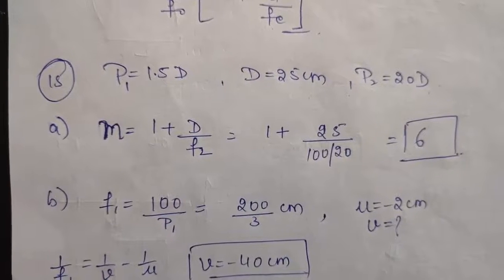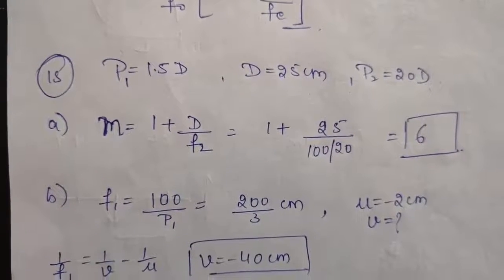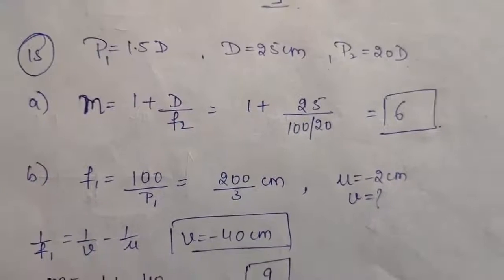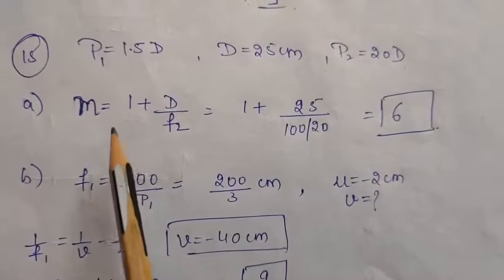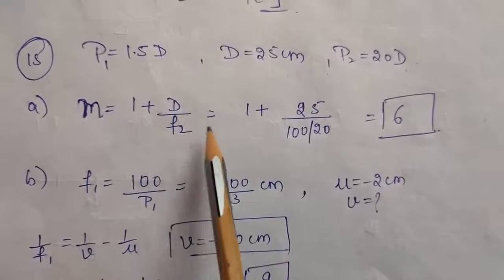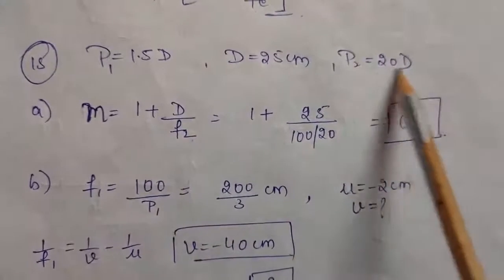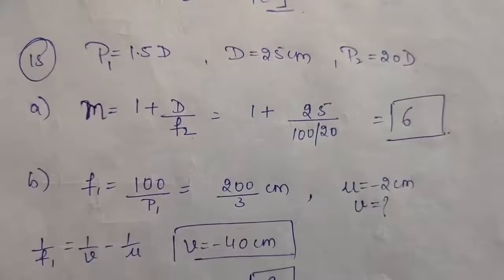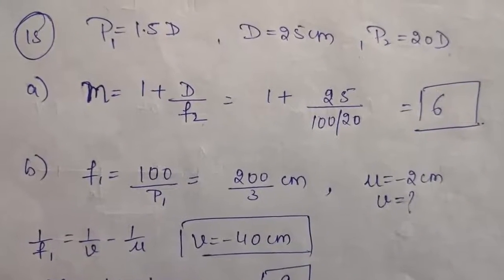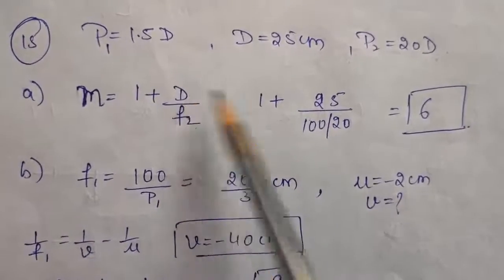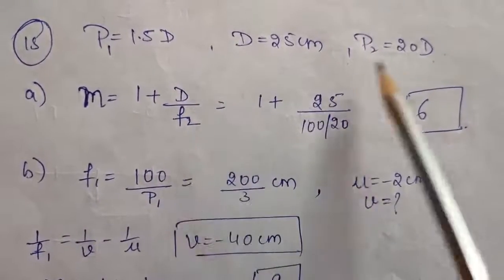That is, in the first case he is using the microscope lens as well as his glasses. In that case, magnification will be 1 plus D by F2, where F2 I am denoting as the focal length for this power, that is 20 diopter. Because when he is wearing his glasses, the image will be formed at the near point, that is D will be 25, and the focal length will be that of your microscope.